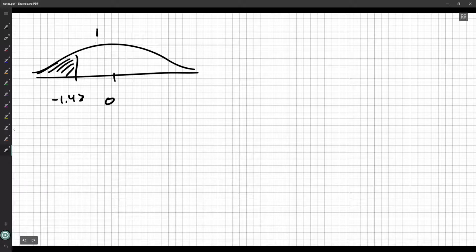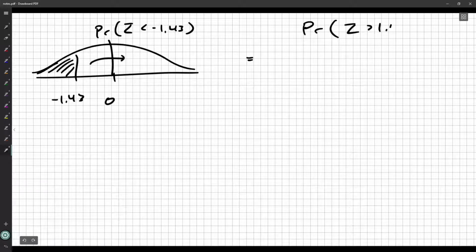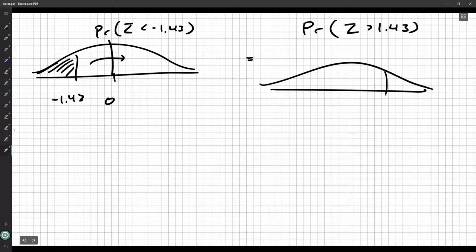We want this probability, but unfortunately we don't work with negative Z values. So we're just going to flip everything over the middle line, the y-axis. It won't change the area, and so it won't change the probability, but it will change our expression so that we get a positive 1.43.